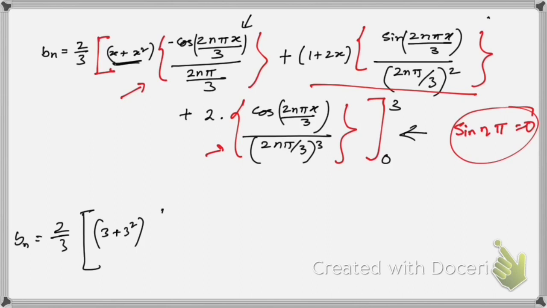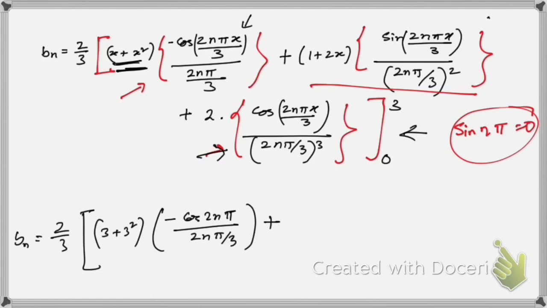So here minus cos 2 n pi, 3, if you put 3 will be cancelled, so then divided by 2 n pi by 3, right? Then minus, again if you put 0 here, this thing is going to be 0, so 0 into anything is 0, so let me go to this term now, plus.